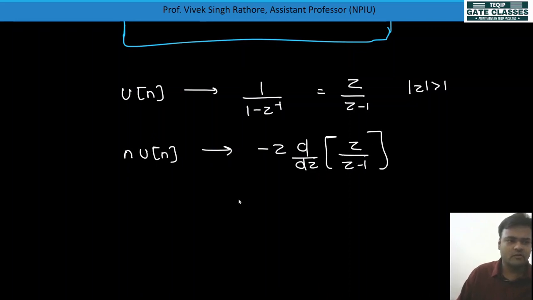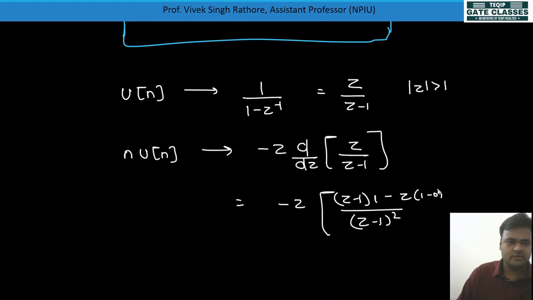So obviously we'll get minus z, and here first function, second function, so the square will come: z minus 1 into 1 minus z into 1 minus 0. Here we'll get minus z, and minus of minus is plus, so z by z minus 1 whole square will be there, and mod z is still greater than 1.